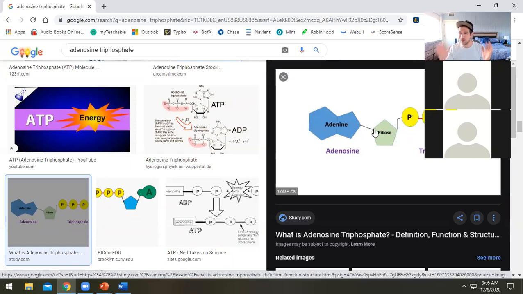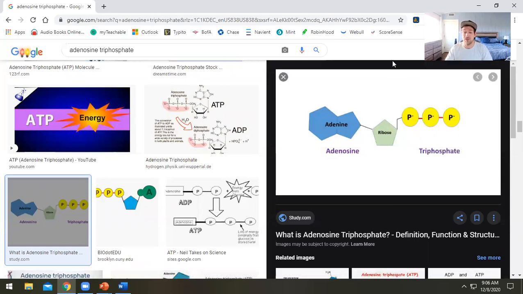You only wanted 2 people to a seat, and every now and then it would get full, and you'd have to shove a 3rd kid on there, and all 3 of you'd be cramped, and all you ever wanted to do was shove that 3rd kid off into the aisle and get him to go somewhere else. That's kind of what ATP is like. That's what these 3 phosphates are like.